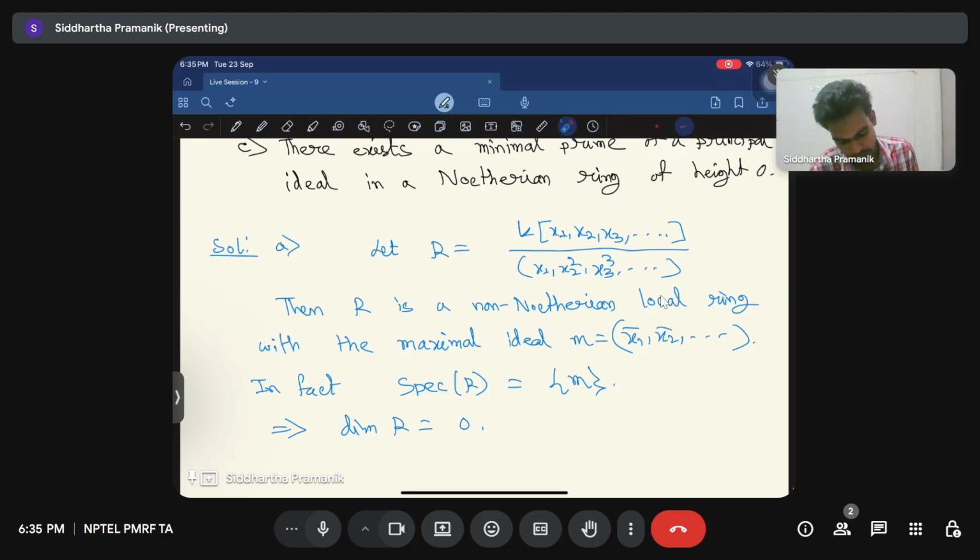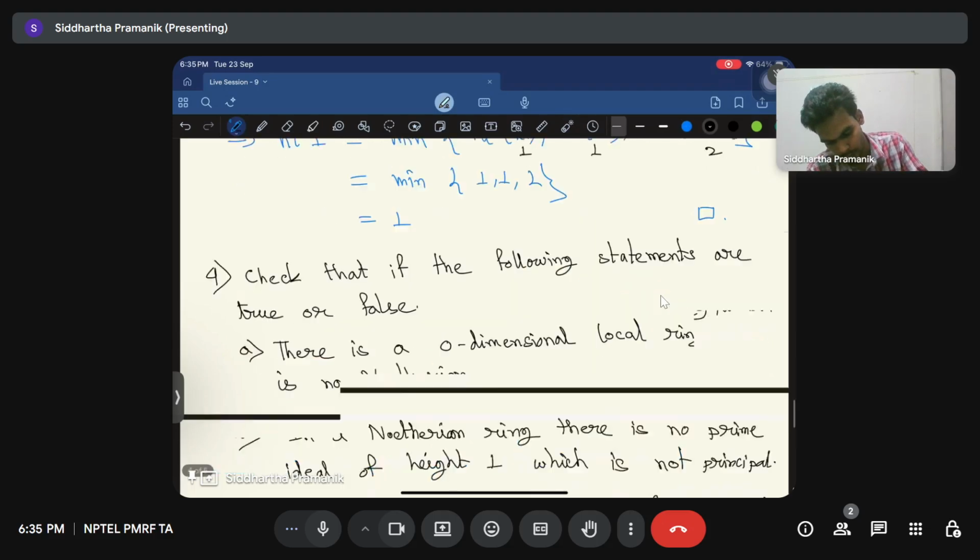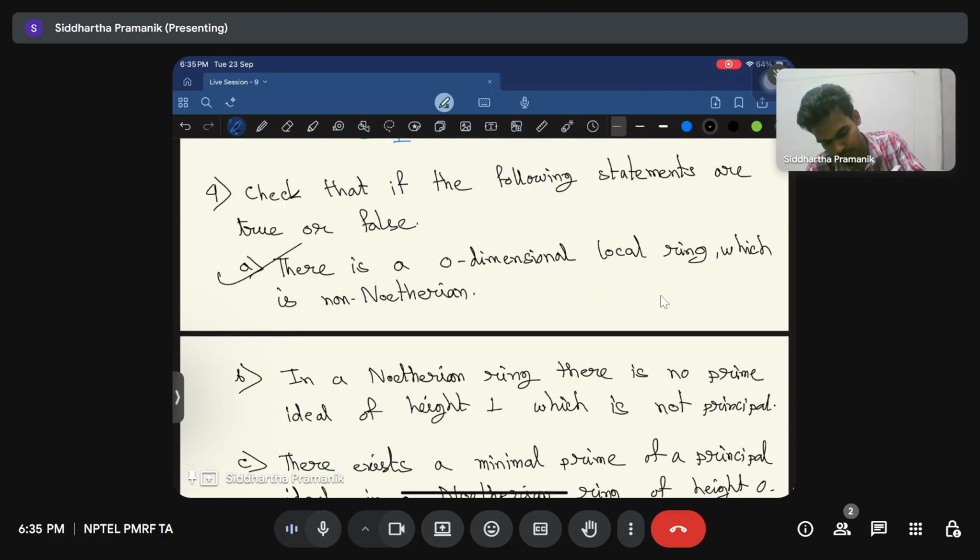We cannot generate it with finitely many elements. So the first one is true.